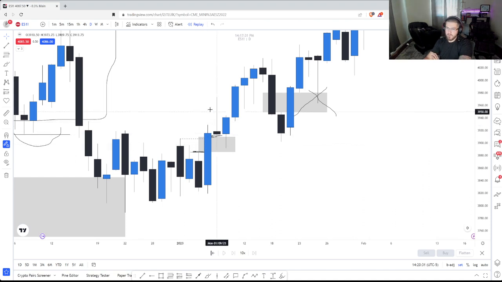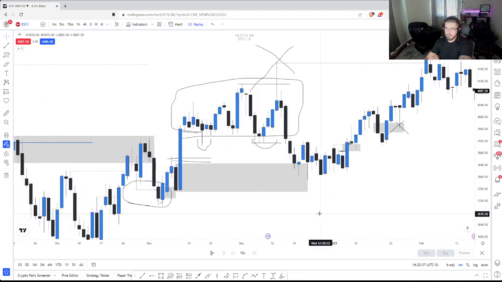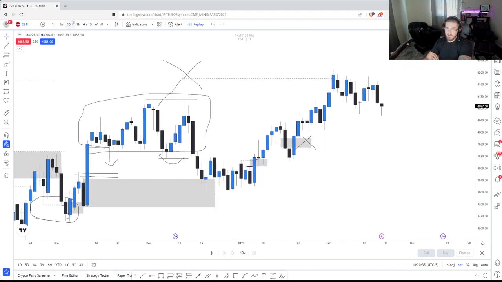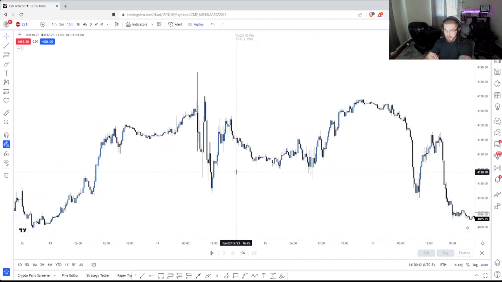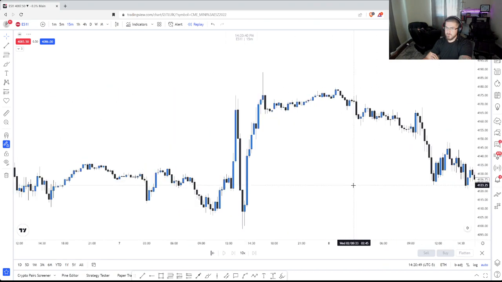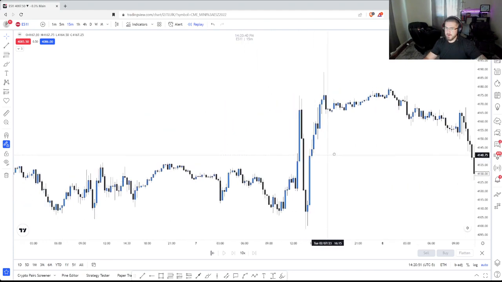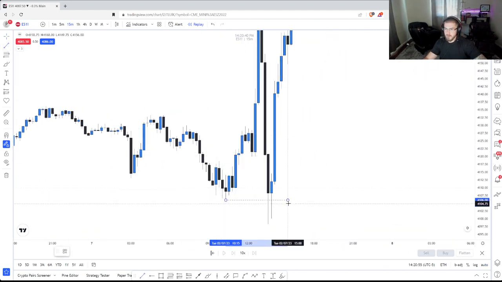So what we want to use fair value gaps with for the most part is identifying displacement. If we're looking at the market from a sense of trying to find the true direction of the market, let's just look at some examples over here. So for instance, let's say the market does something like this and we leave fair value gaps.